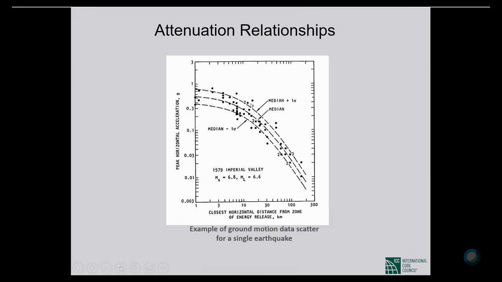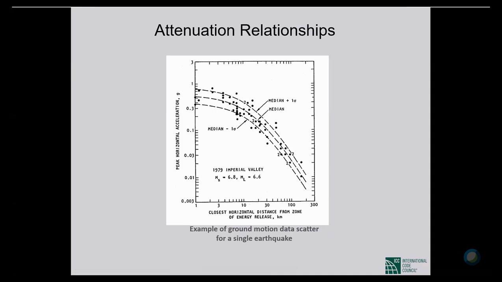So attenuation relationship shows how, in this case, the peak horizontal acceleration dies out as you go away from the source. On the x-axis is the closest horizontal distance from the zone of energy release. Now in the same earthquake, depending upon which measuring station you are looking at, you see how much scatter there is in the way the waves travel.